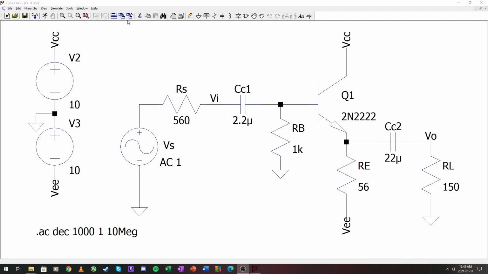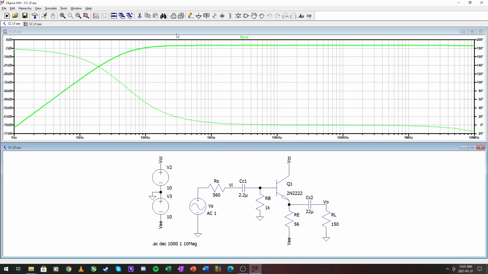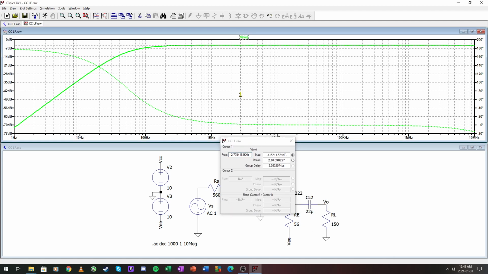Right, let's run this. Check our output. Open ourselves a cursor, and this is minus 4.6 dBs. That is due to the input loading effect. That's why it's not 0. So we need to be looking for minus 7.6 decibels.